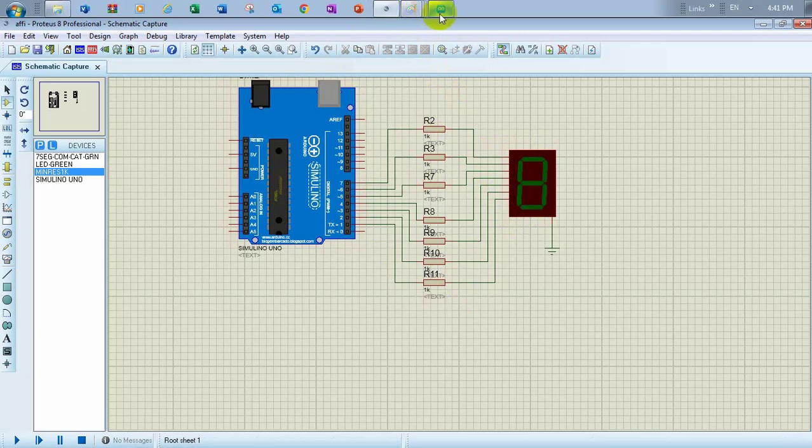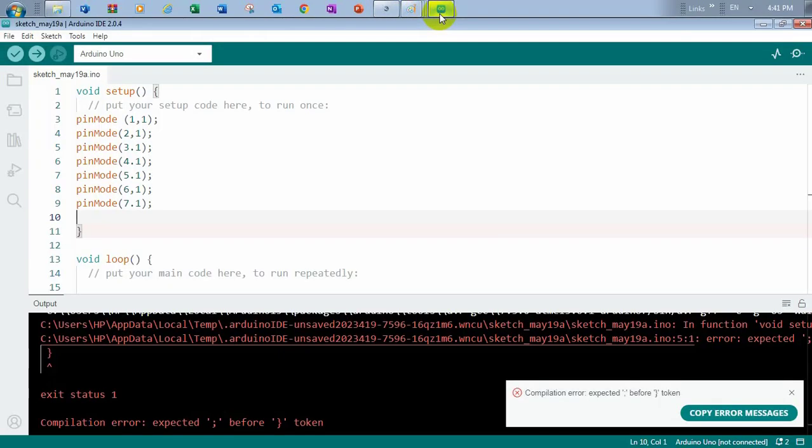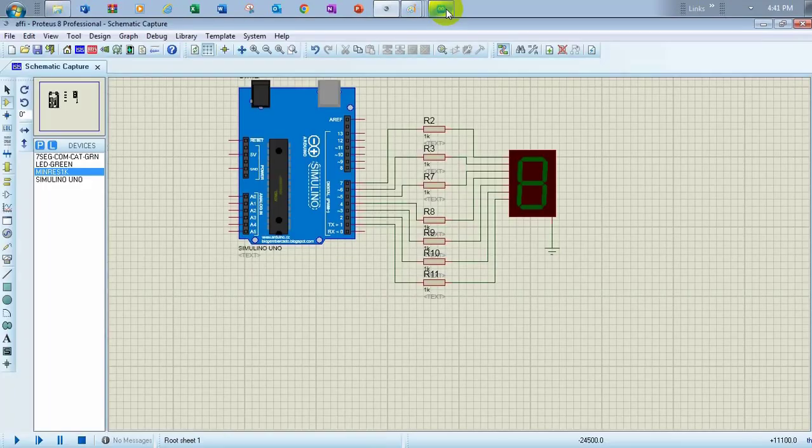So for Arduino to send a signal to each link, what instruction are we going to write? What do you think?